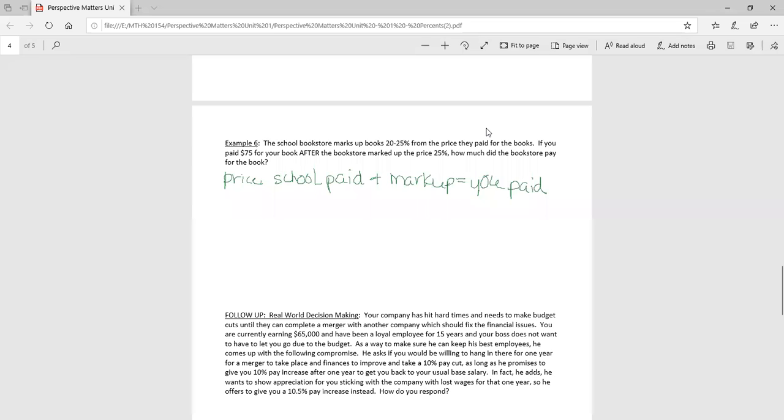So when we go to figure it out, we're trying to figure out price school paid, which I'm going to call X. The markup was 25% of that price, and that equals the $75 you paid. Now there's a 1 in front of that, so that gives me 1.25x is equal to 75.